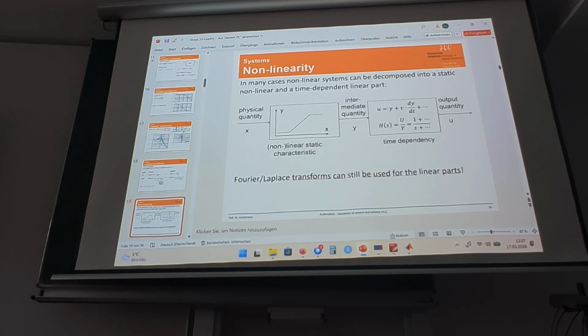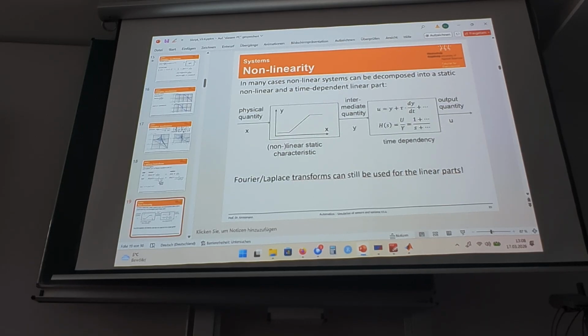I said at the beginning that we will also cover non-linear systems, and this Fourier and Laplace theory can be only used for linear systems. So if you have non-linearity, you can still describe it with a differential equation. It's possible, but you cannot use the Fourier or Laplace transforms.